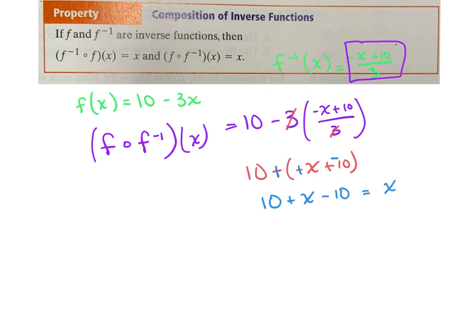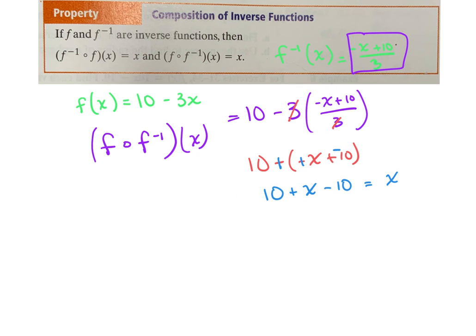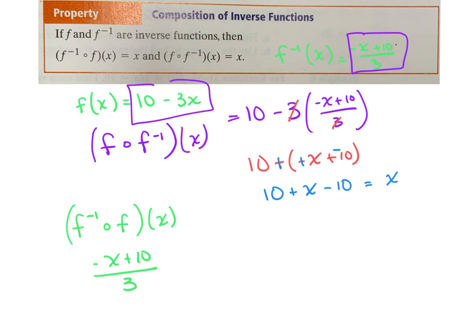If I do it the other way, it will also be true. So instead of f of the inverse, I'm going to say the inverse of the original function. I'm going to take my inverse, which was negative x plus 10 over 3, and plug in my f. So negative, instead of x, I'm going to write 10 minus 3x, plus 10, divided by 3.